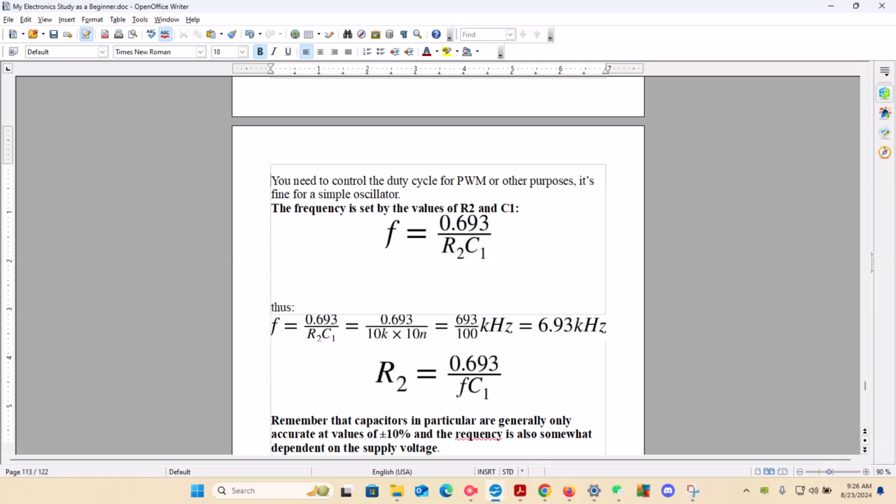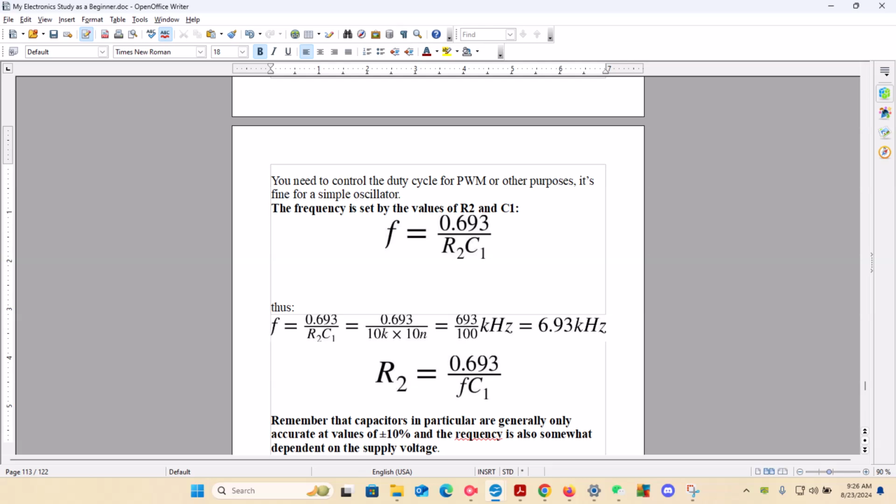So the frequency is equal to 0.693 divided by the value of R2 times C1.